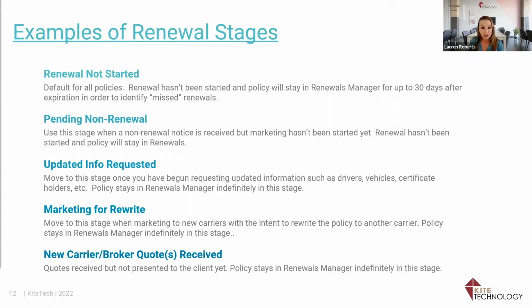So you do have to get to one of the end stages in order to completely get the renewal out of your Renewals Manager. Again, unless you have excluded your renewed policies. For personal lines, maybe small commercial too, that might be, depending on their level of download and what your process is. It's all dependent on how your agency works.